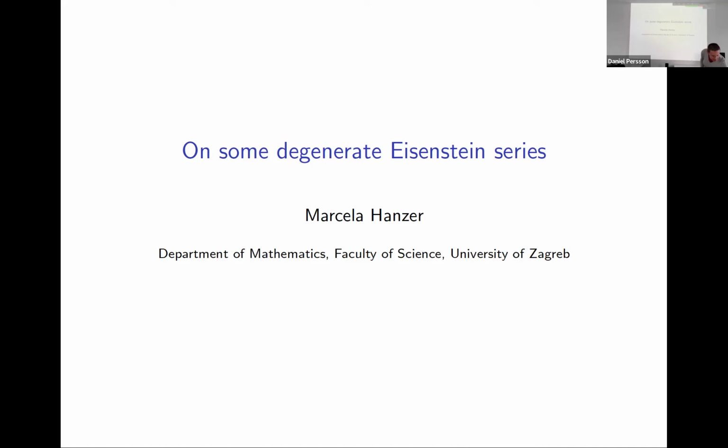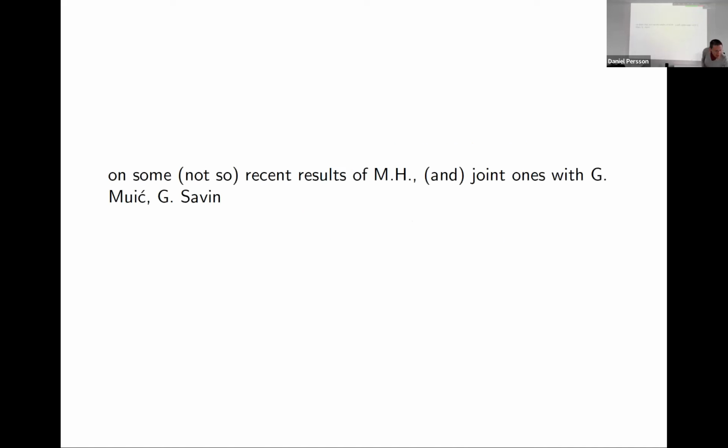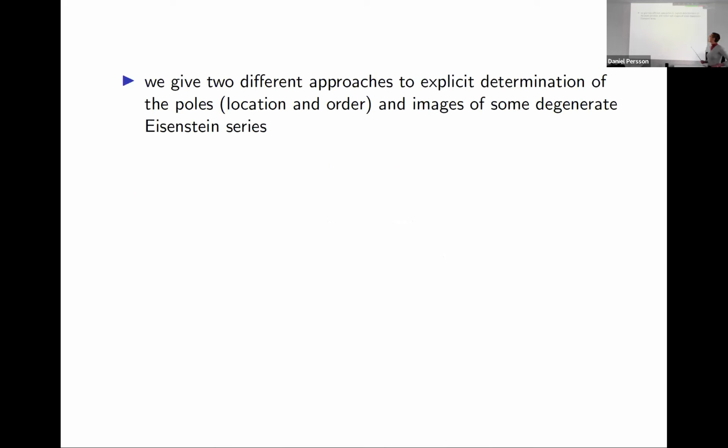Okay, so this is the work I've done in separate works with Gordan Savin and with Goran Muić and by myself. I wanted to present two different approaches to calculating exact determination of poles, location and order, and images of some degenerate Eisenstein series.